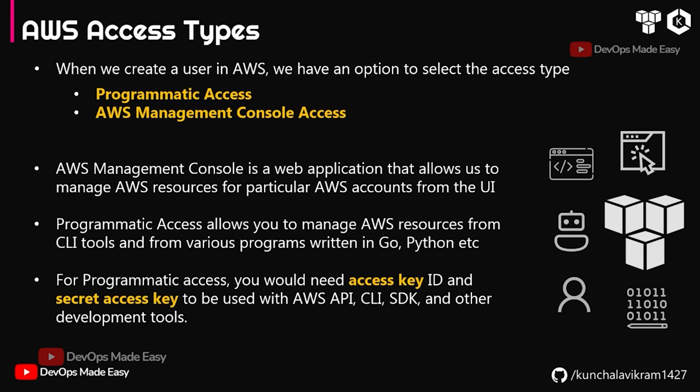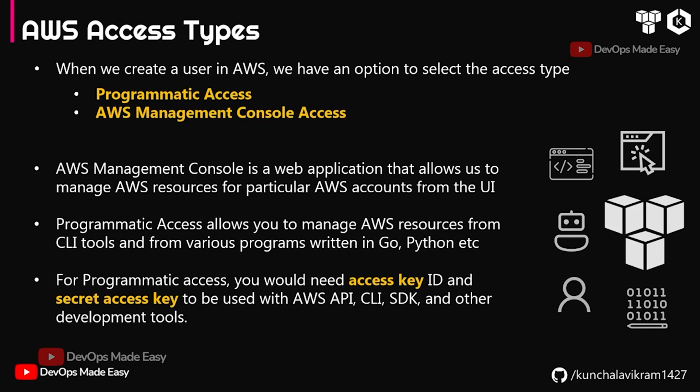If I'm creating programmatic access for an IAM user, he will not have graphical user access. He can only access AWS resources through third-party utilities like CLI tools, through the AWS CLI, or from any programs written in Go, Python, or developed through AWS SDKs.